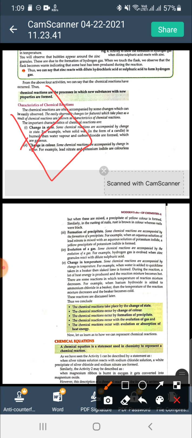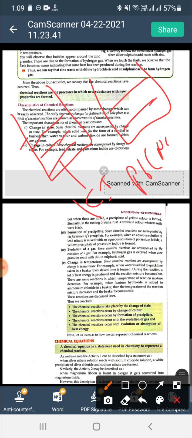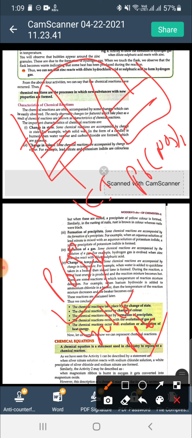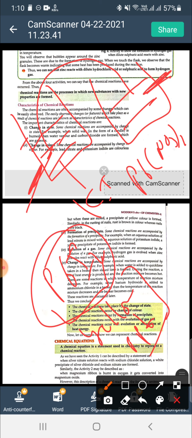For example, if we take potassium iodide and lead nitrate, when we mix both of them together, there is formed lead iodide, yellow precipitates of lead iodide. The reactants are colorless, but the product formed is of yellow color. So this is a reaction in which color change is observed.